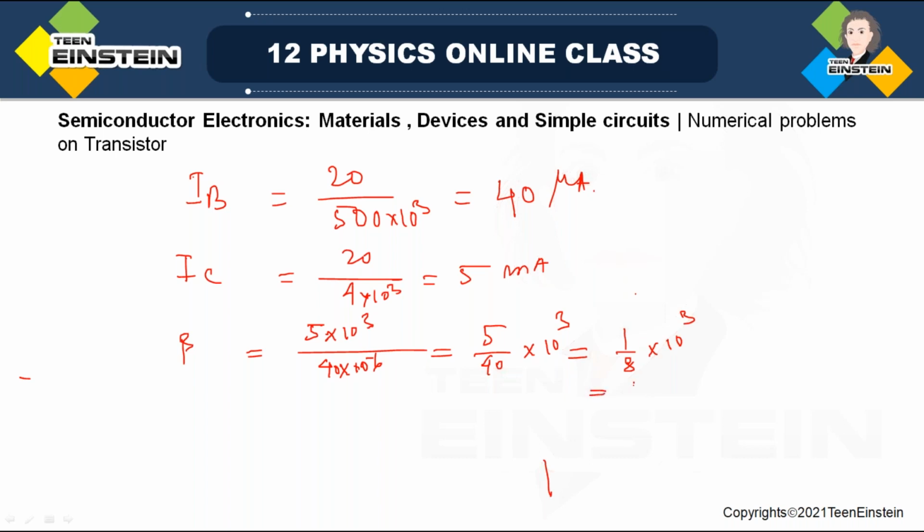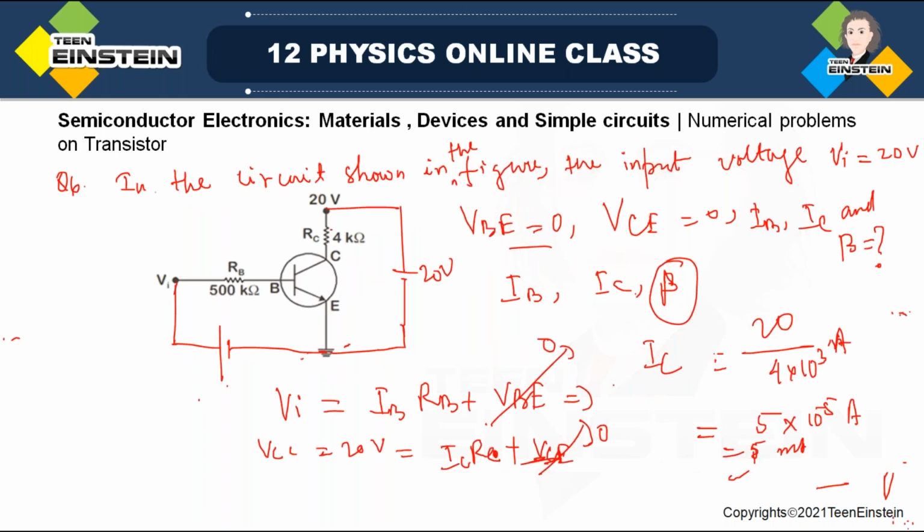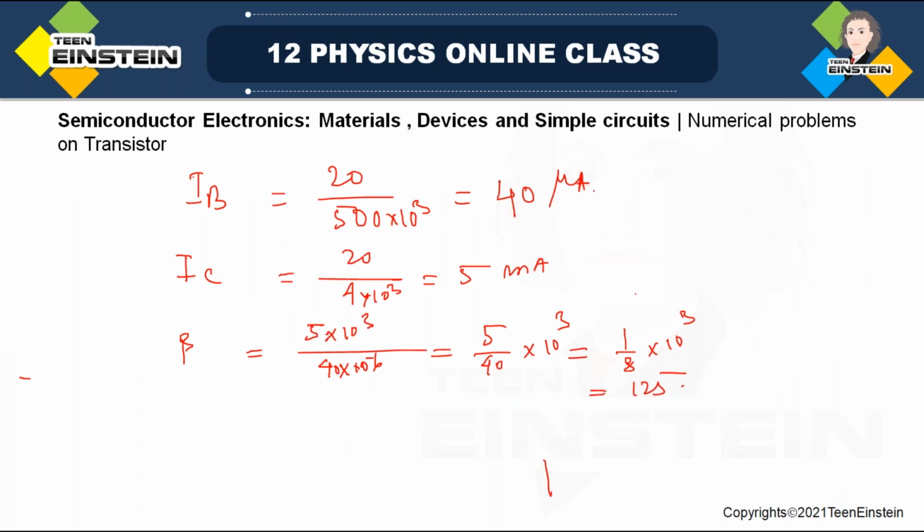That means this is 125. Okay, 1000 by 8 means 125. So see here what we have to do in summary. For both input loop and output loop, you have to write down Kirchhoff's voltage law, and from there you can solve this problem. So IB is 40 microampere, then IC is 5 milliampere, and beta will be 125.